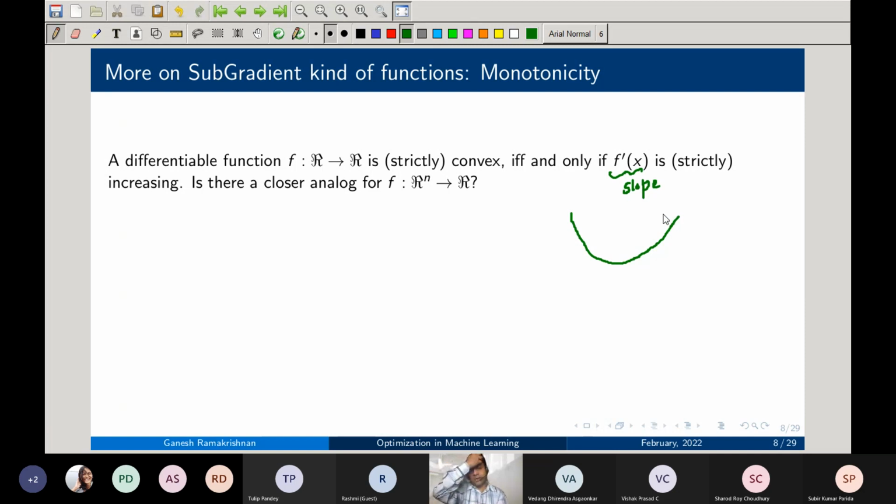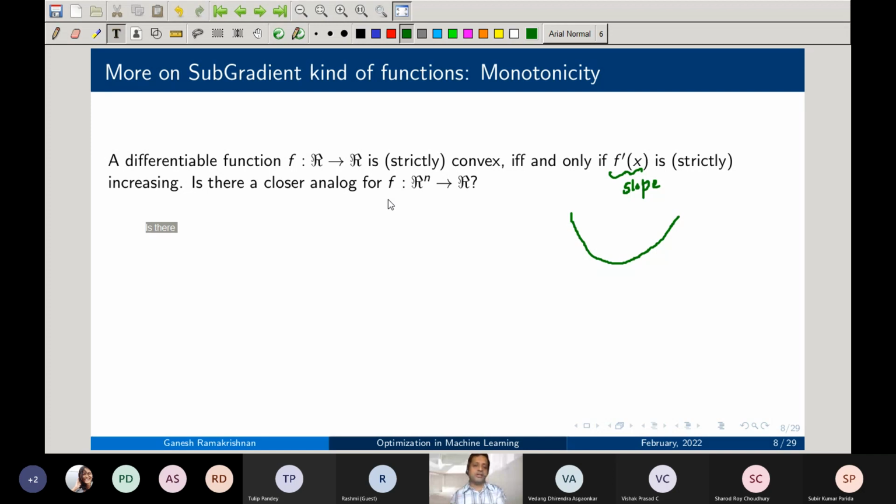Now, is there an analog for f going from Rn to R? Any thoughts? So is there an analog?